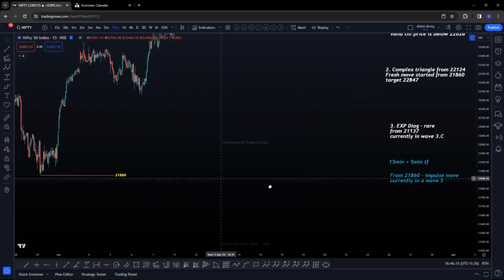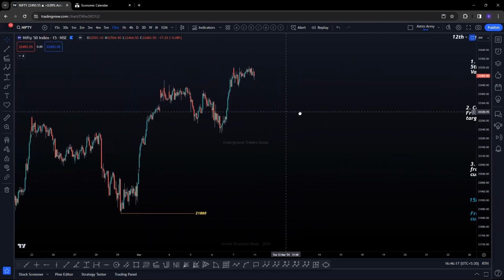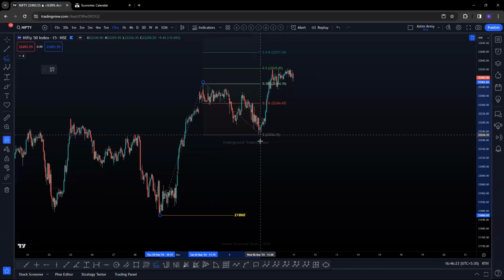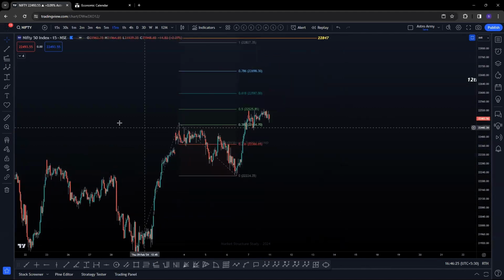Okay, we have noted that down. On the 15-minute chart, here is the length of the wave. It can go all the way up to 22,698 and also up to here, but most likely in most cases it will not break your 22,827 level.